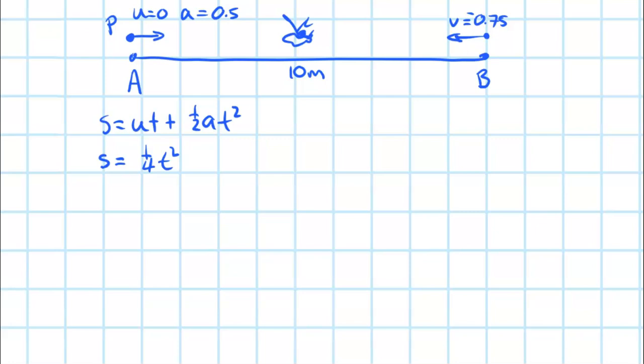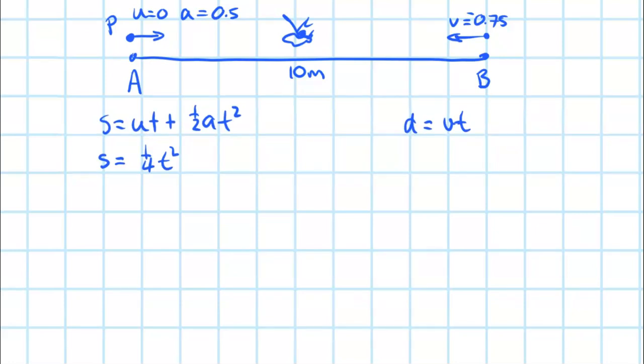For our other particle, Q, it's constant velocity. So velocity is distance over time, or the distance is velocity multiplied by time. Let's do that one.